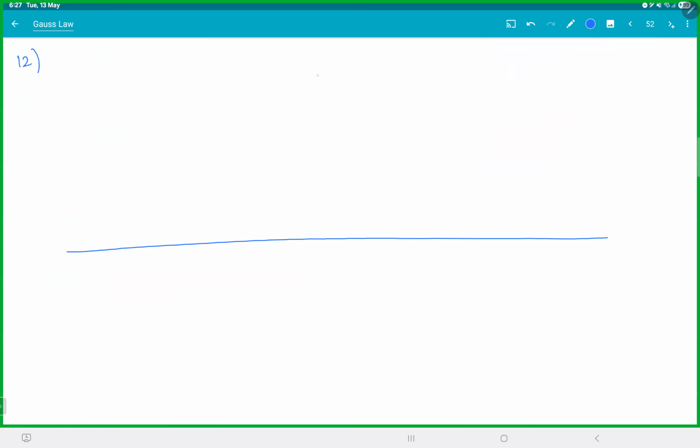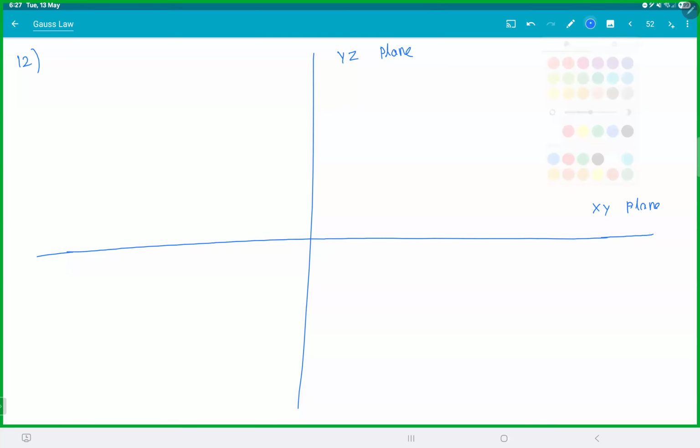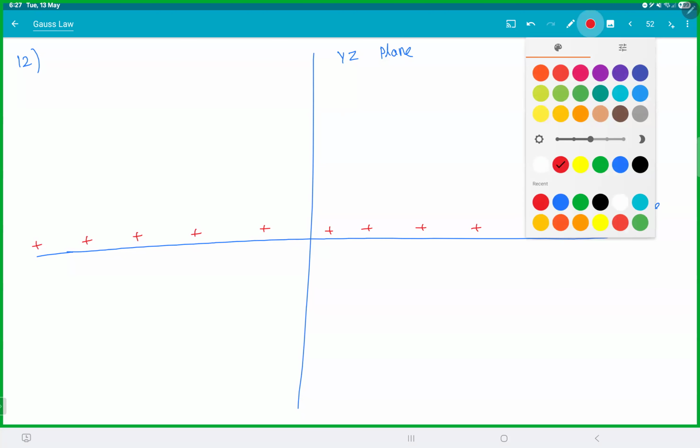Let's say we have two sheets, a YZ plane and an XY plane. This is positive, which is sigma.